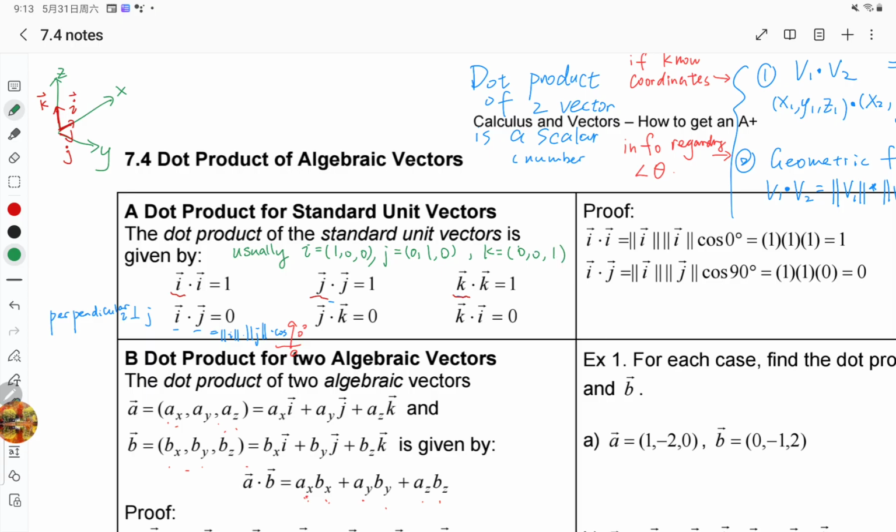And then the proof, I think we're fine, because we talked about that, right? The inner product with itself is just norm times norm.